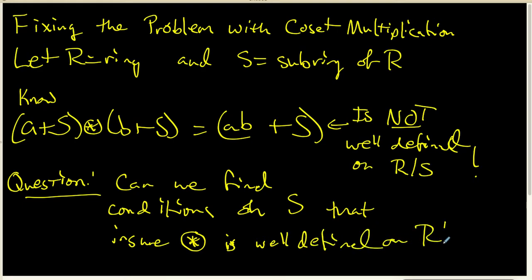Now, in order to investigate that, we're going to have to look at two cosets that have two different names each and multiply them together.